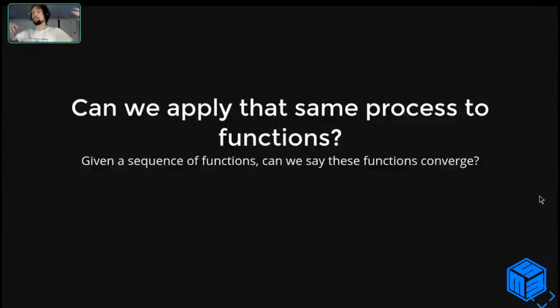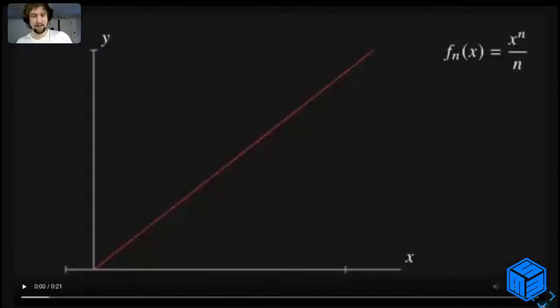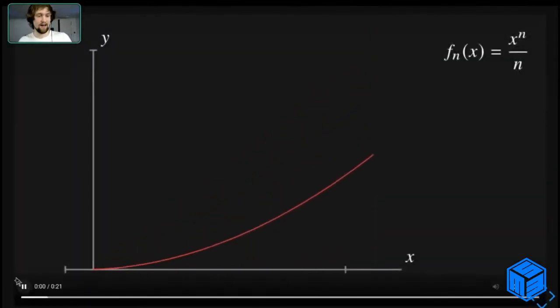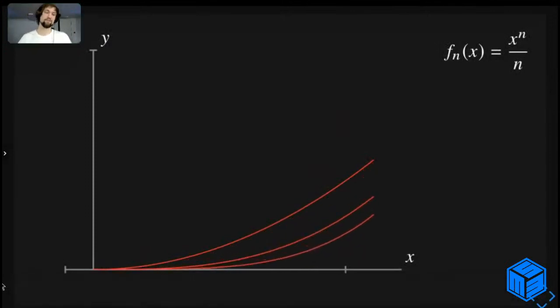So, can we apply that same process to functions? Can I use that animation? Can we talk about convergence of functions? Like, this is a rule that applies across a domain. Is there some way to talk about a multivariable function and just take one of those variables to infinity? So, yeah, I plot out one example of a function.